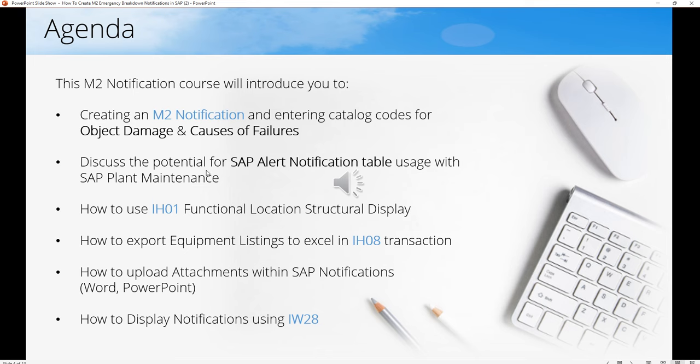But my first course is M2 notification, emergency breakdown notifications. And we're also going to discuss the potential for SAP alert notification table usage, which is pretty cool. When somebody creates an M2 emergency notification, if you have the alert notification table set up and defined, it doesn't require communication, picking up the phone and calling the maintenance department to let them know that they have emergency breakdown notifications in their inbox.